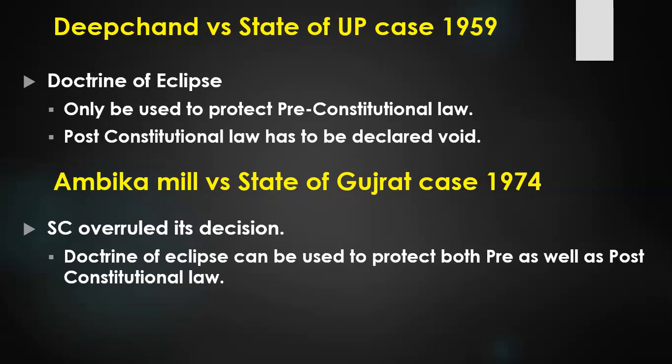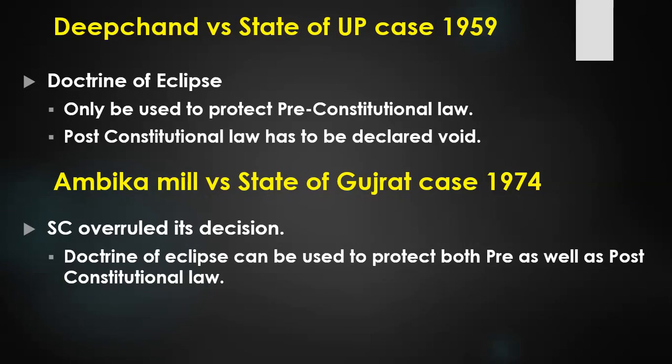So the Supreme Court said that the doctrine of eclipse can only be used to protect pre-constitutional laws because these laws were not invalid from the very beginning. But post-constitutional laws, which means laws made after the commencement of the constitution, were invalid ab initio, invalid from the very beginning because the constitution had already commenced.